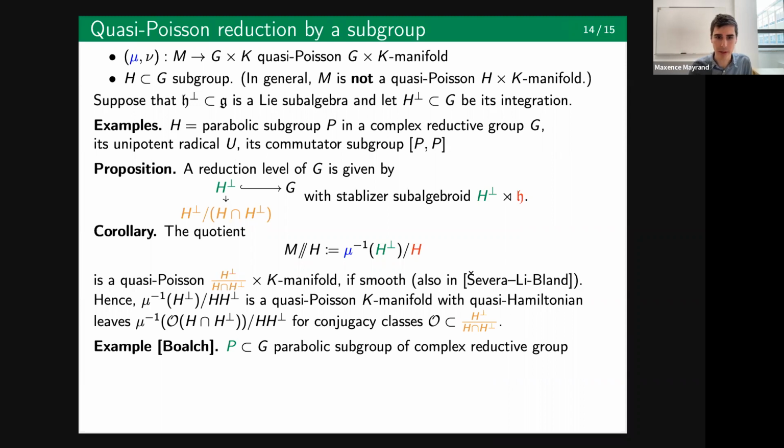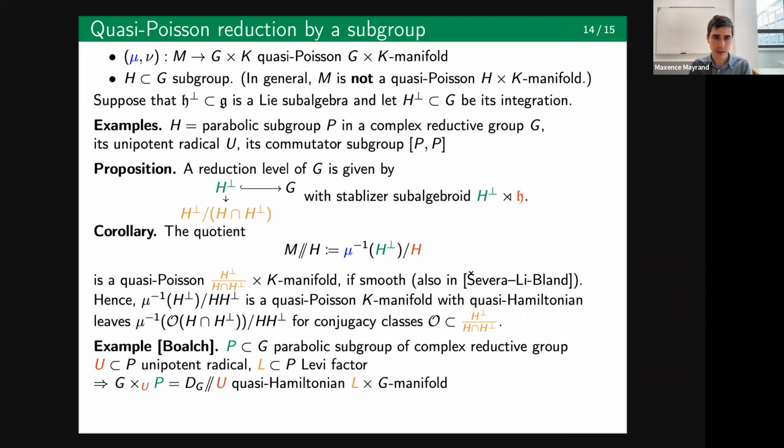If you have a parabolic group P of a complex reductive group G, a unipotent radical U, and a Levi factor L, then you do the quasi-Hamiltonian reduction in this sense along U.